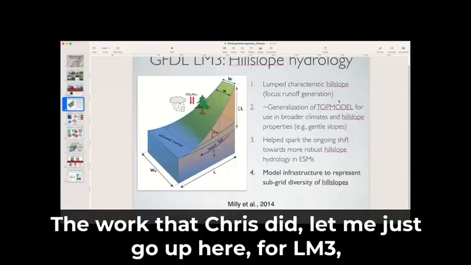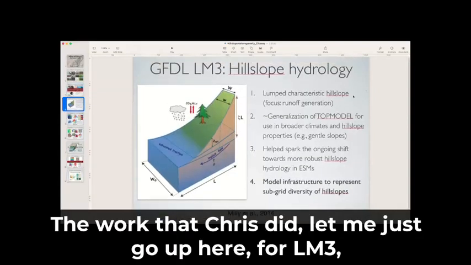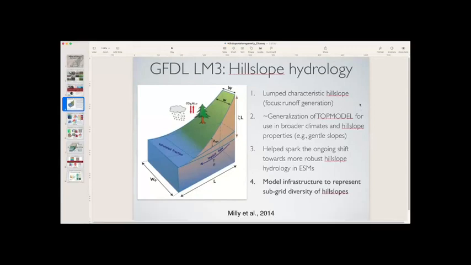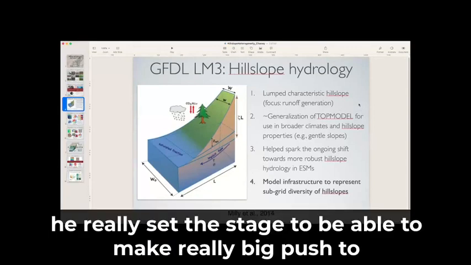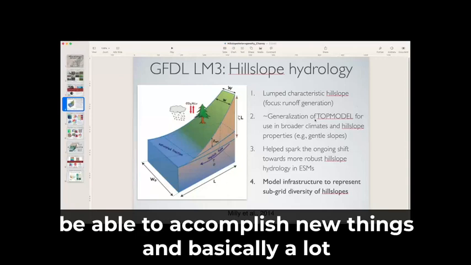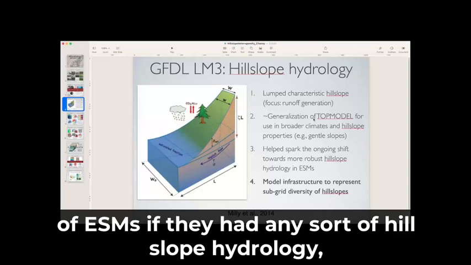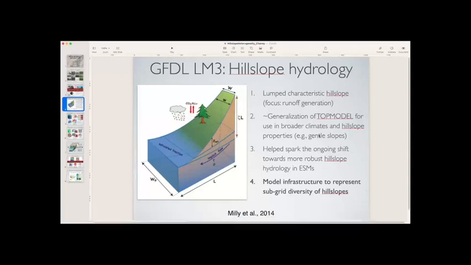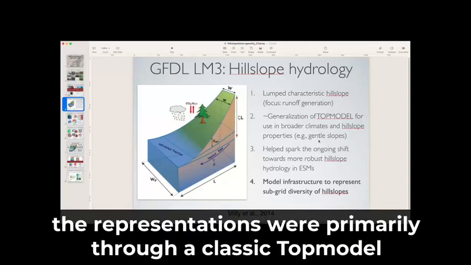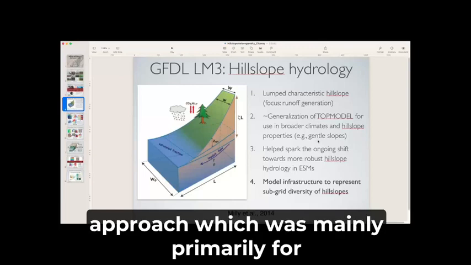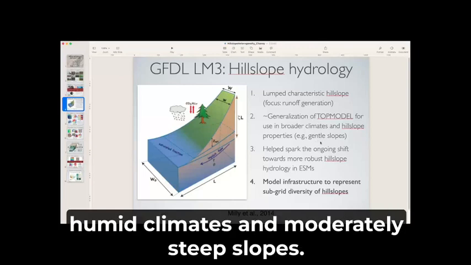The work that Chris did for LM3 really set the stage to be able to make a really big push to accomplish new things. And basically a lot of ESMs, if they had any sort of hill slope hydrology, the representations are primarily through a classic TOPMODEL approach, which is primarily for humid climates and moderately steep slopes.